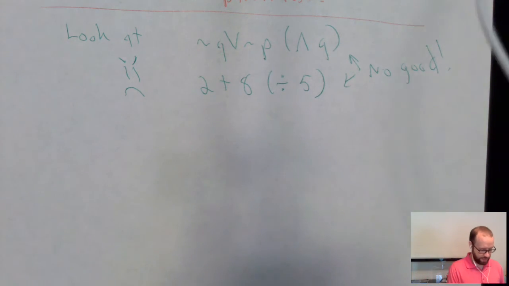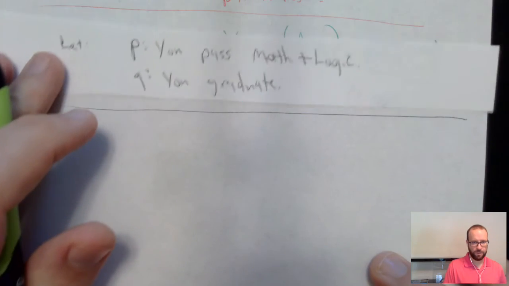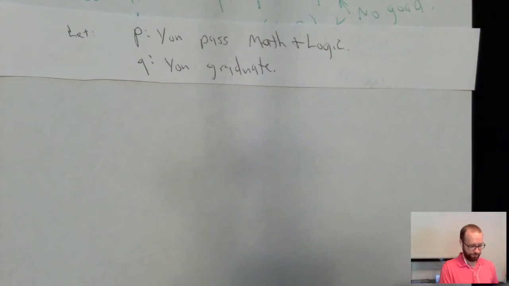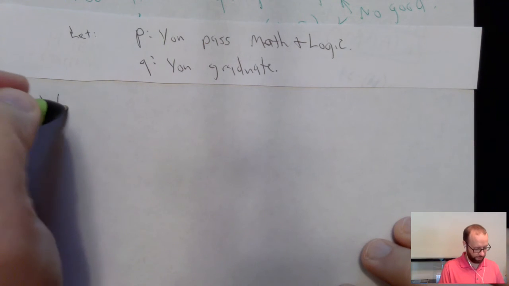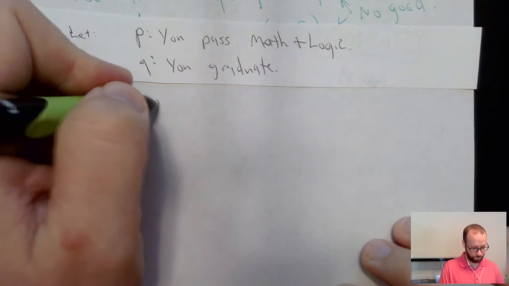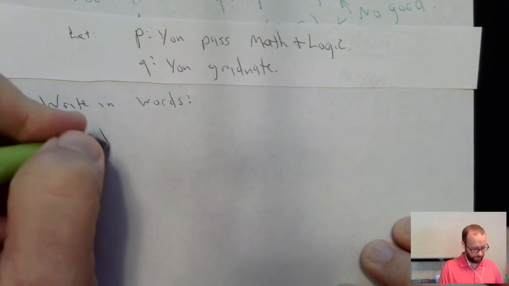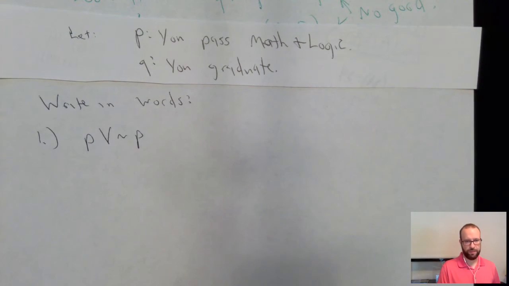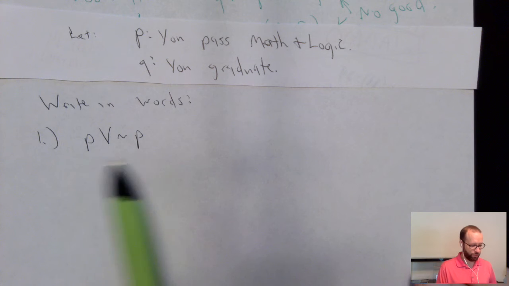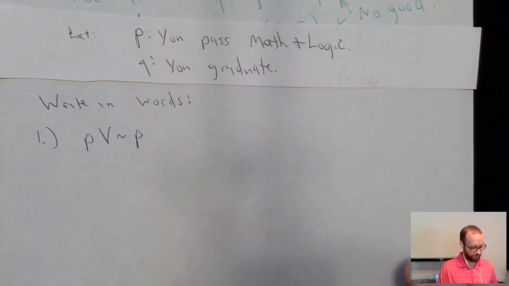All right, let's do a couple going the other direction. So let's write in words. How about P or not P? Okay, careful here. Notice there's no Q, so I'm talking about passing math and logic twice.